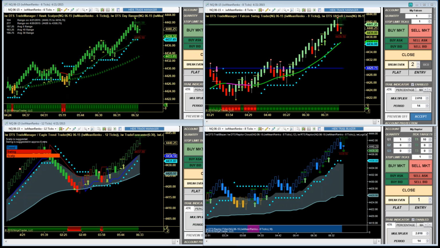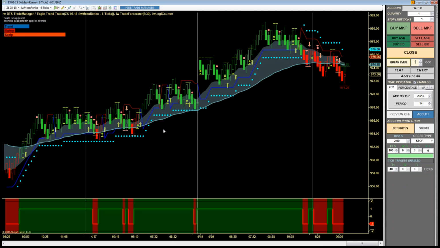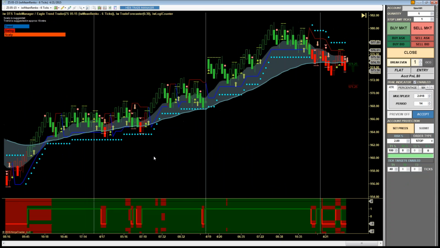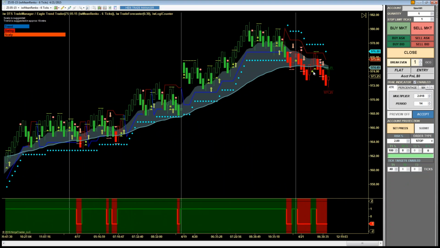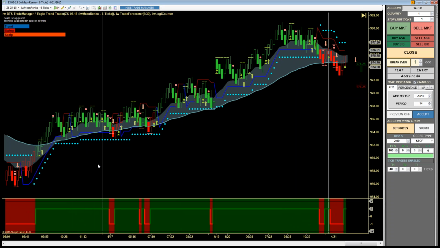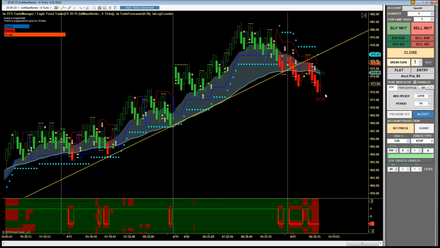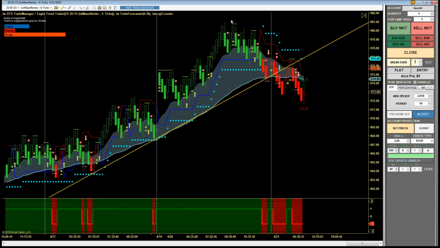And soybeans making a little bit of a reversal. Here's soybeans on the Eagle. Soybeans have been merrily plodding along the last few days, and now today it looks like they're turning over a little bit. Technically this is a rule of three. We've had 1, 2, 3 breaks against the band. And here too, it looks as though we've broken the trend line.